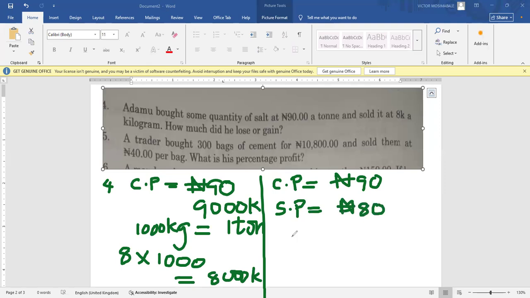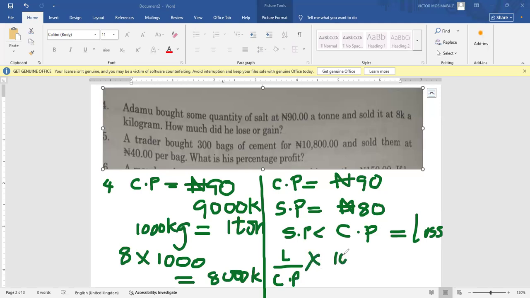Selling price is smaller. If selling price is less than the cost price, I told you it is actually heading towards a loss. That's a nosedive to a loss. And then you have to find the percentage loss. So that will be loss over the CP times 100%.